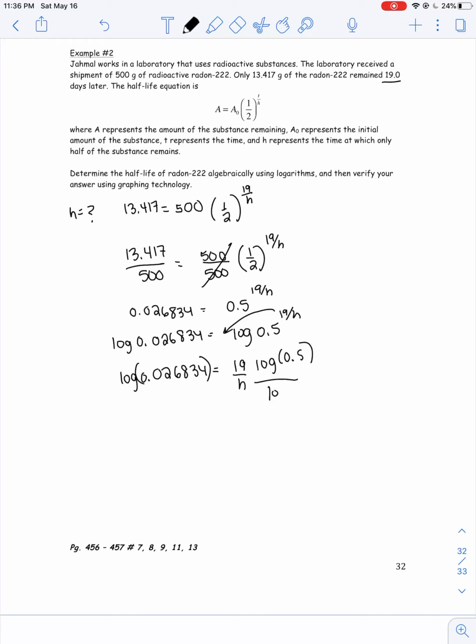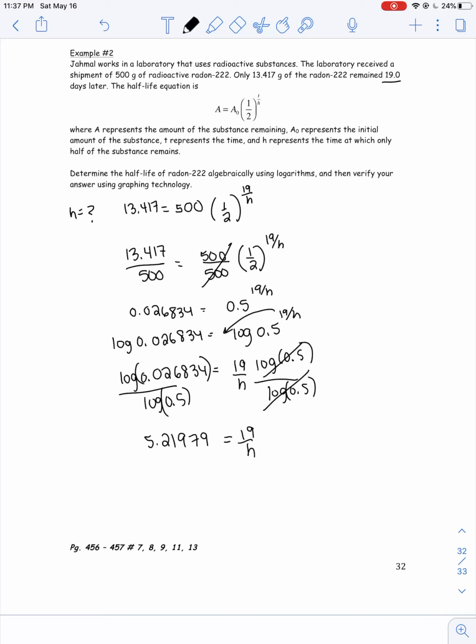Okay, and then we want to divide both sides by log of 0.5. So once we divide the left side and put that into our calculator, we should find that it is 5.21979, which is equal to 19 over h now.